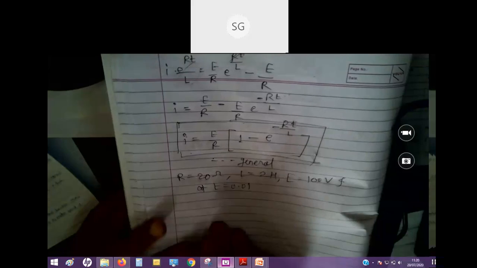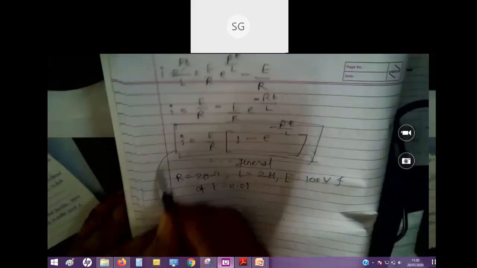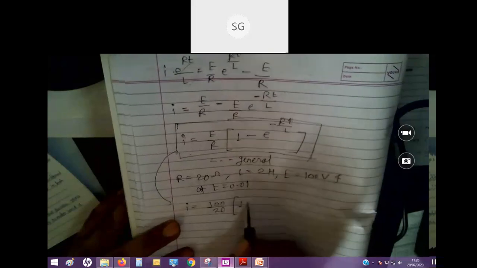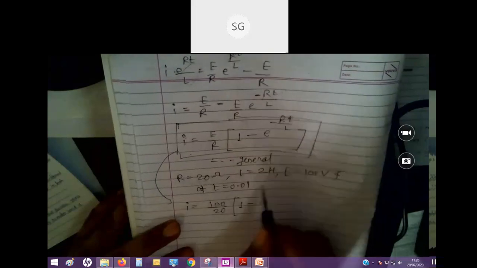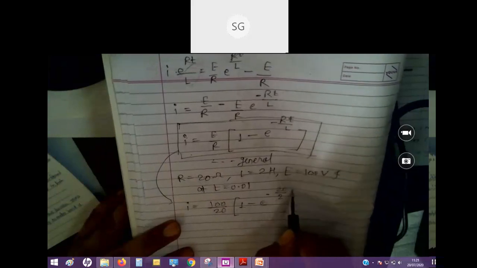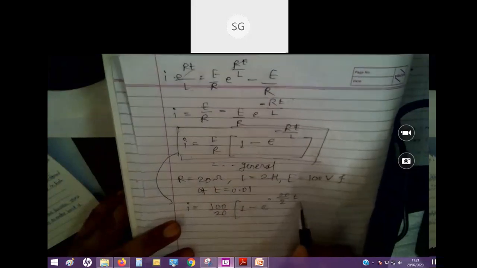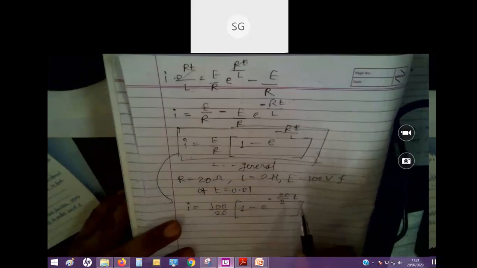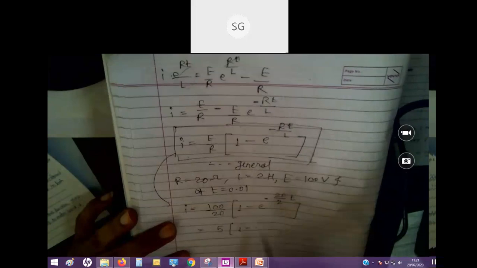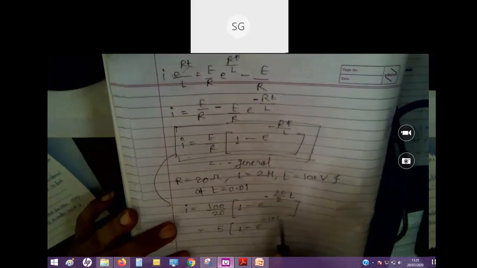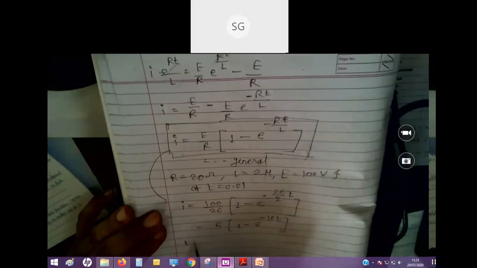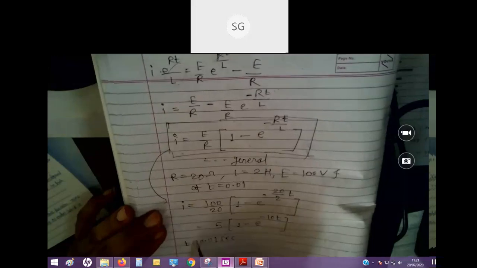So I is equal to 100 by 20 into 1 minus e raised to minus 20 by 2 into t. So it is 5 into bracket 1 minus e raised to minus 10t, and now we put t equal to 0.01 second.